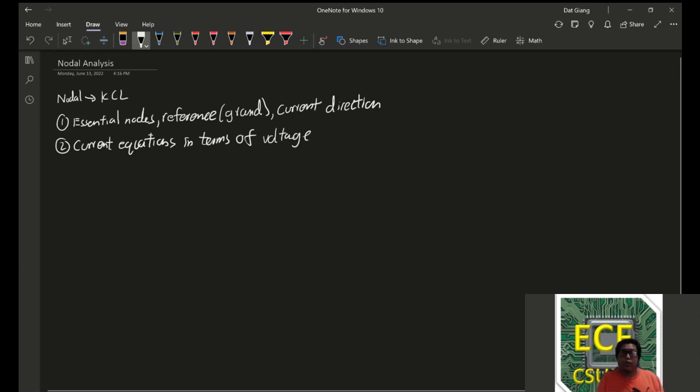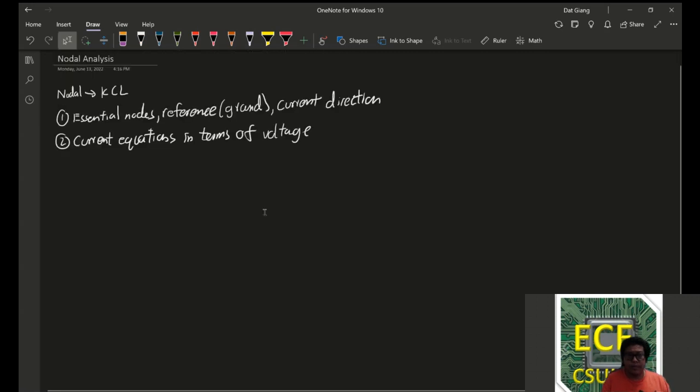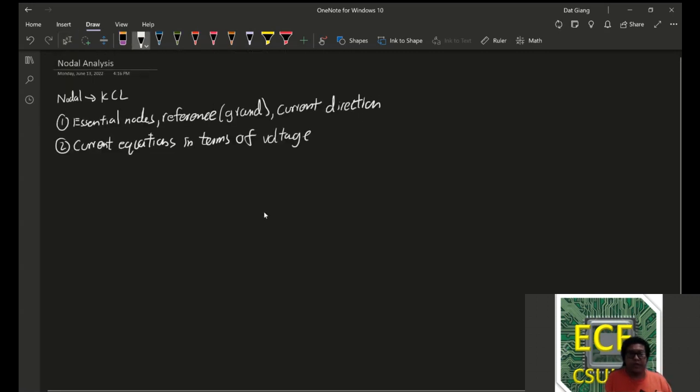So that's also one more thing we have to utilize. Okay, so first, let's consider how we can use nodal analysis. Consider the following problem.